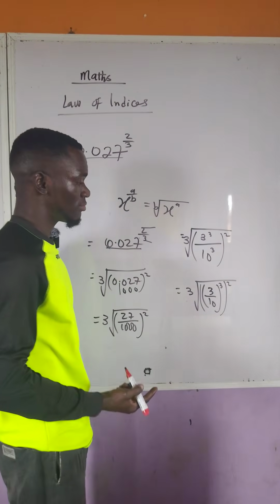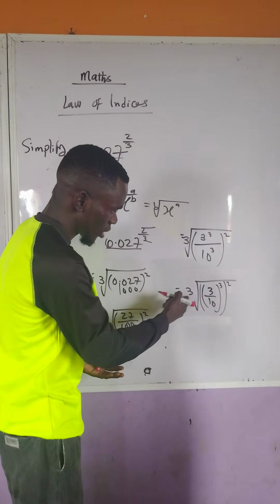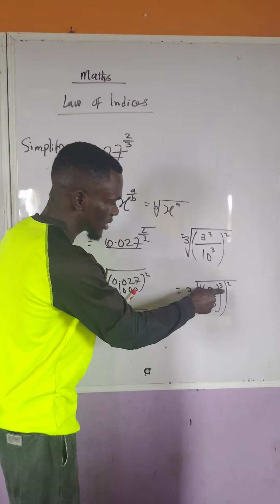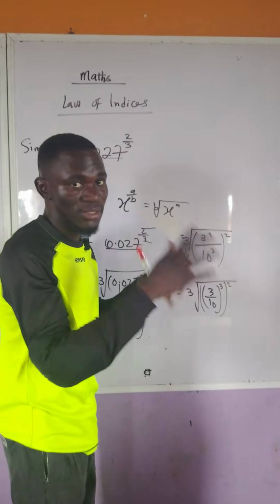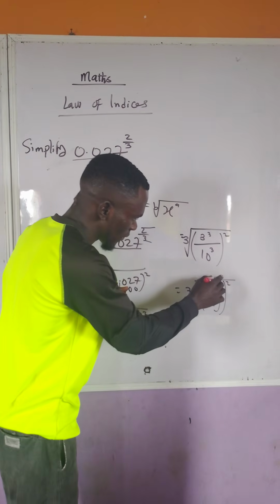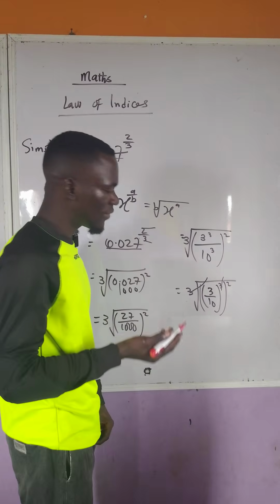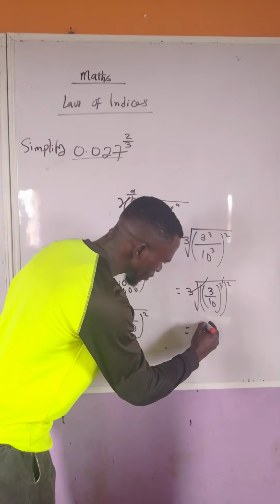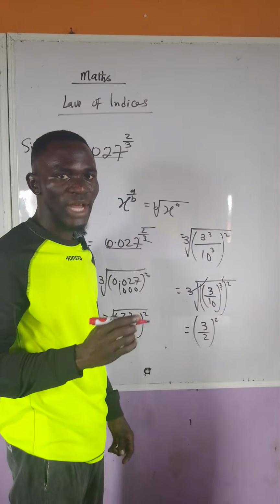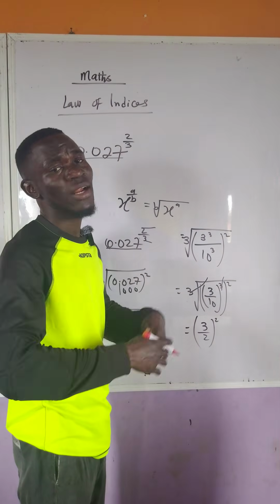Now what can we do? If you want, you can multiply this 3 by 2 to get 6 and divide it. Whichever way, I just want to make it very easy. This cancels what you have here. Bam. And what do you have left? We have just 3 over 2 all to the power of 2, squared. Now you can play around with the answer if you wish.